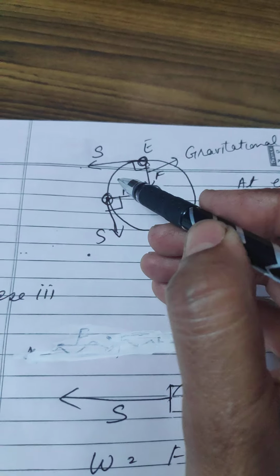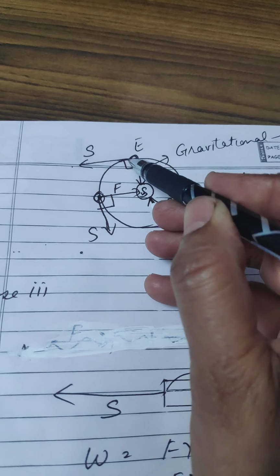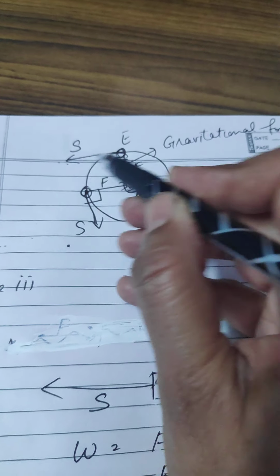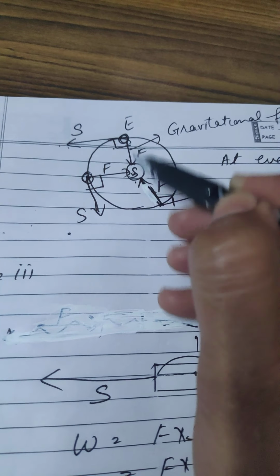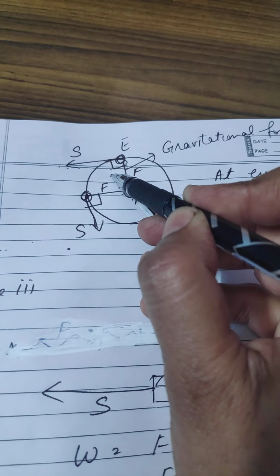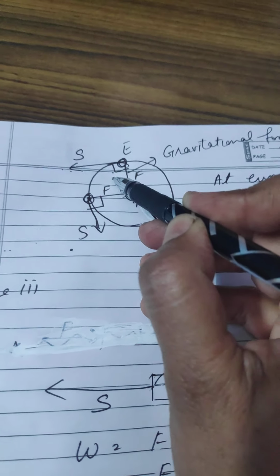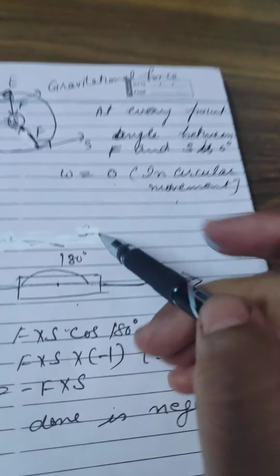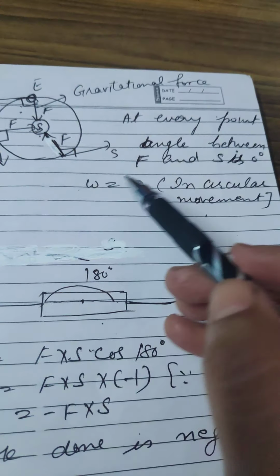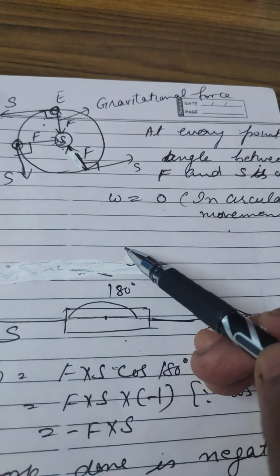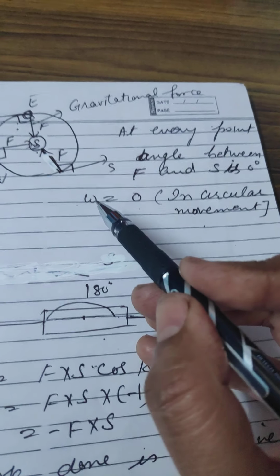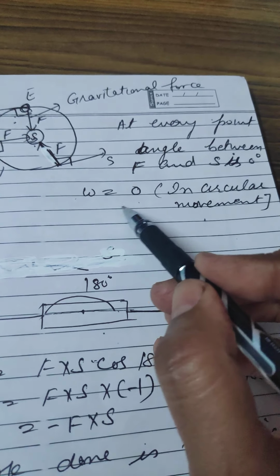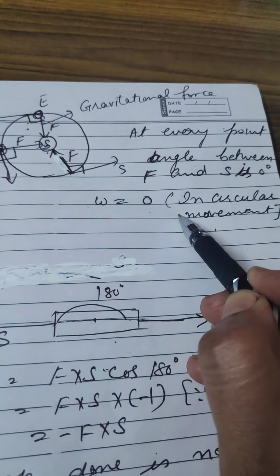As you know, the tangent of the circle is always perpendicular to the radius of the circle. So again angle theta is 90 degree. So W is equal to F S cos 90, and cos 90 is always 0. Again work done will be 0.